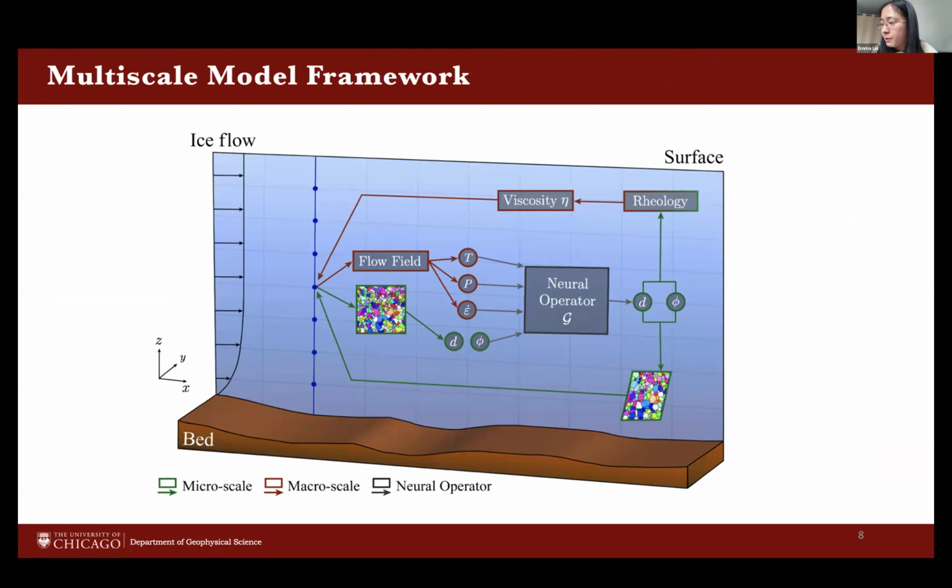This neural operator emulates a microstructure simulation model, and predicts how the microstructure evolves under those local flow conditions. Then we translate the updated microstructure into ice viscosity through rheology and pass that back into the same grid point in the glacier model, therefore completing the two-way coupling.